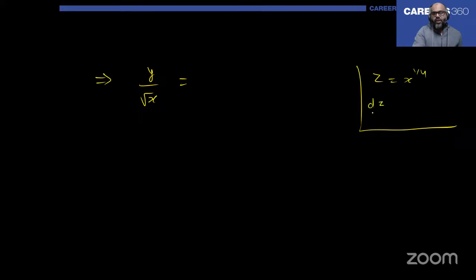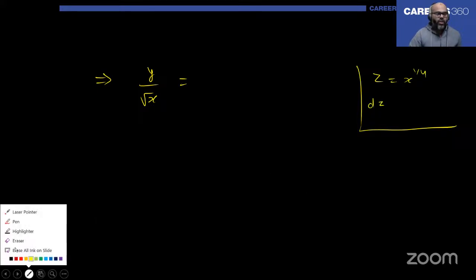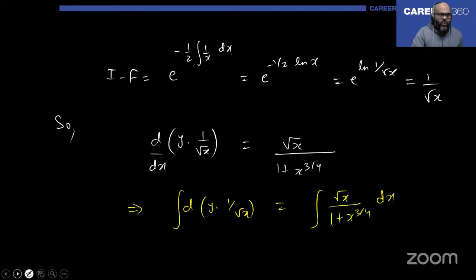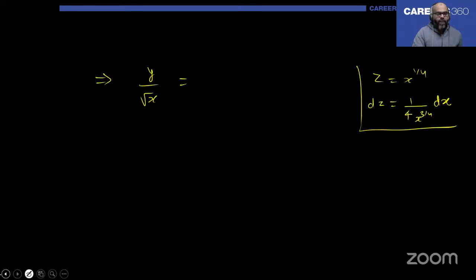So dz will become equal to 1 by 4, and here it will become x to the power 3 by 4 in the denominator, dx. So as you can see here, this is root x, so root x will become z square.